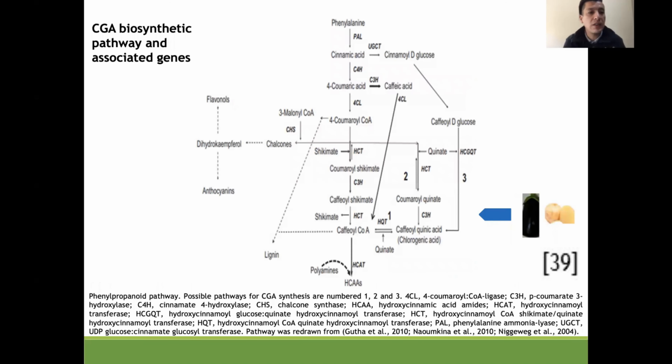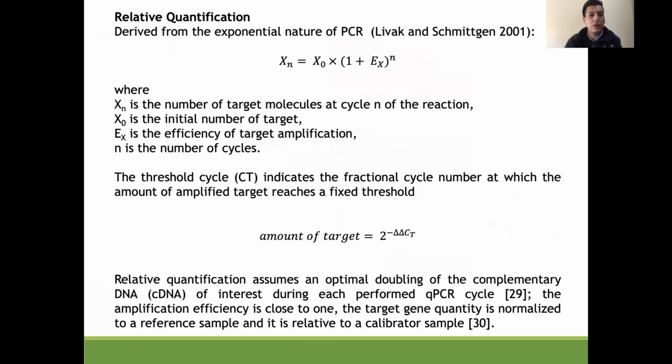In the chlorogenic acid biosynthetic pathway, we focus on the C3H gene, which is present in eggplant and potato, for example. These genes are important because they are related to antioxidant activity as well as anthocyanins.